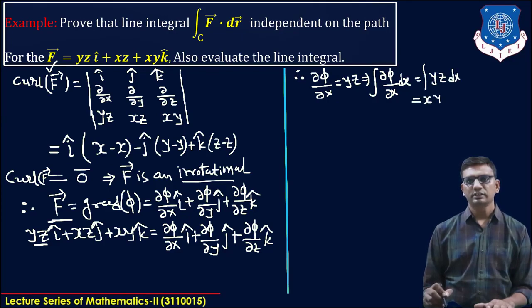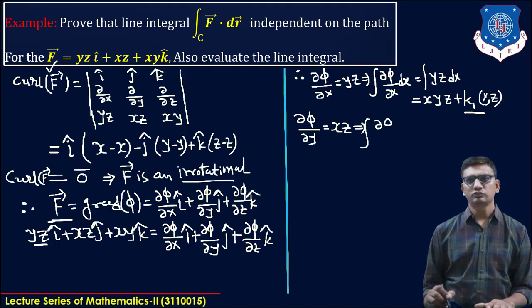After evaluating, we get xyz plus k1 of y, z as an arbitrary constant function. Now del phi by del y is equal to xz, that implies integrating both sides with respect to y.